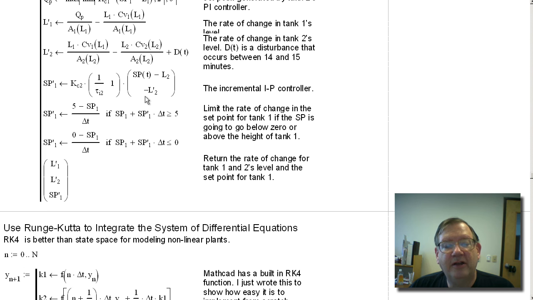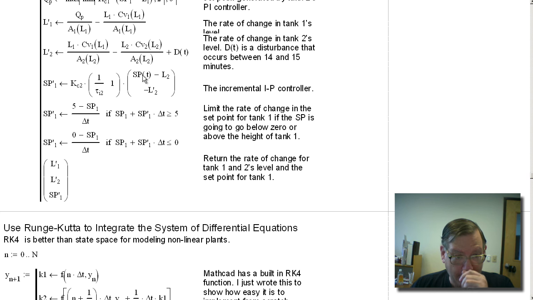Then I have to calculate the set point. The tank number 2 PID, or actually I minus P controller, is calculating out a set point for tank 1. So this is the proportional gain. Basically, this times this is the integrator gain, and this times this is the proportional gain.